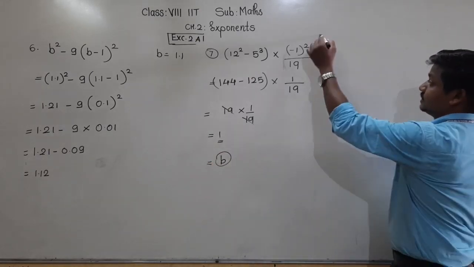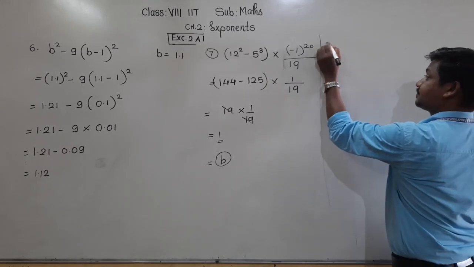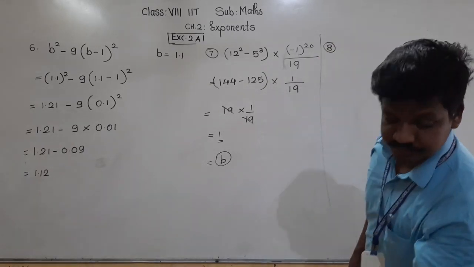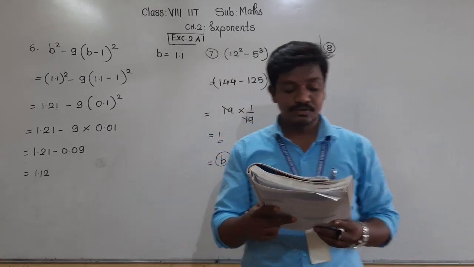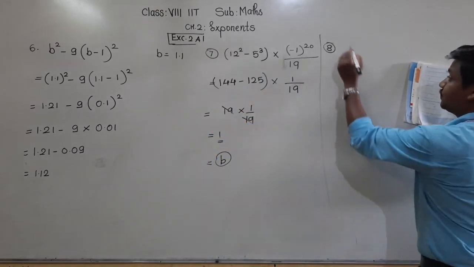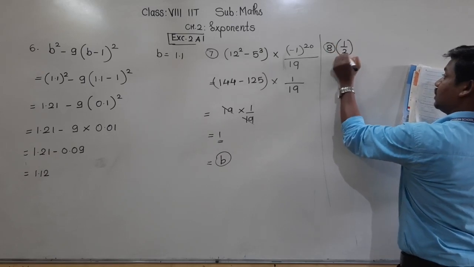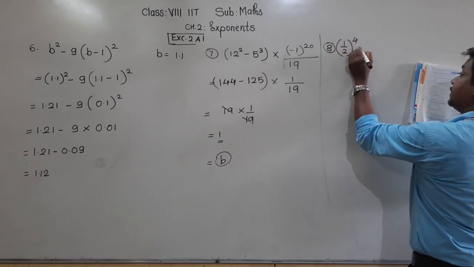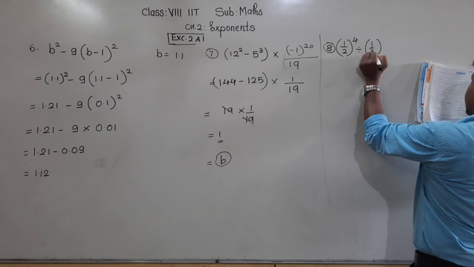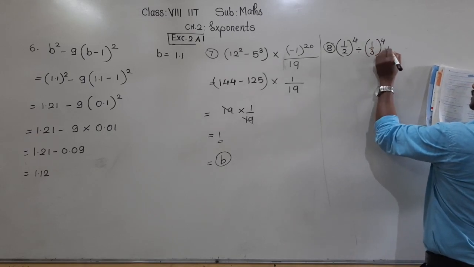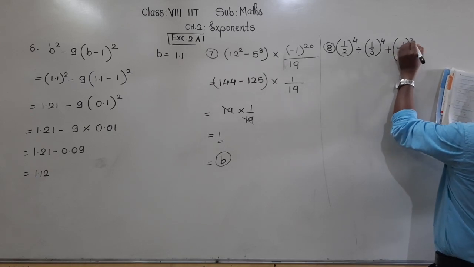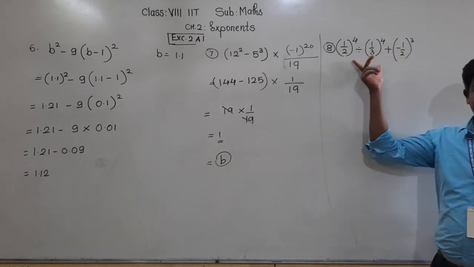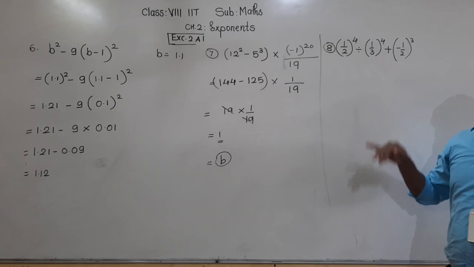Okay? See here, question 8. One is the multiplicative inverse of (1 upon 2 raised to the 4, divided by 1 by 3 raised to the power 4, plus (minus 1 by 2) raised to the power 3). So first we have to find the answer of this and again we have to find its multiplicative inverse.